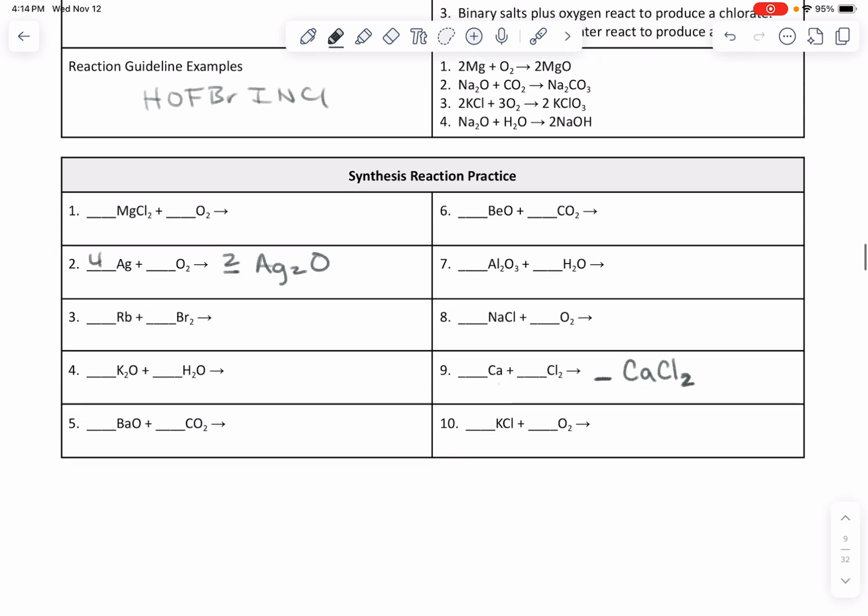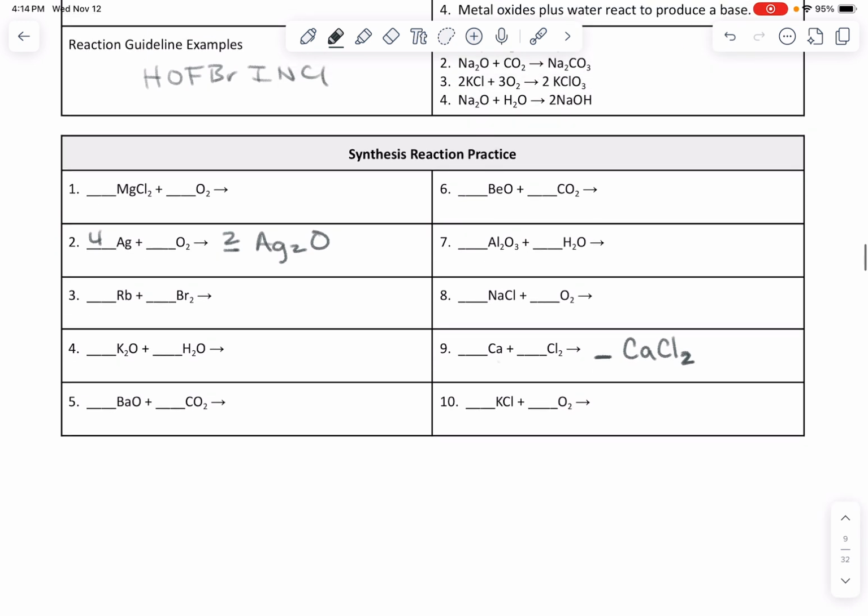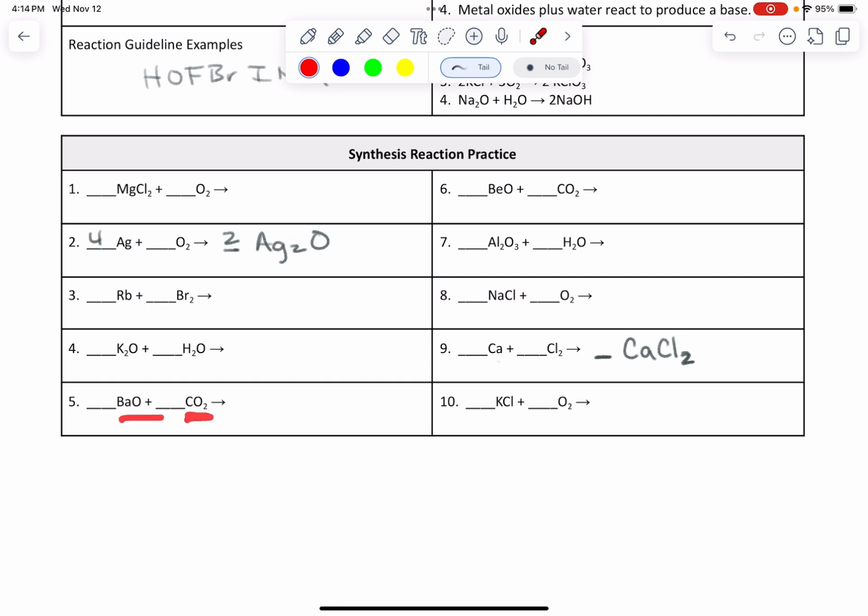Number 5. All right, so we know that this rule says we have a metal oxide. We have barium oxide. That is a metal and an oxygen, so a metal oxide. And carbon dioxide is going to react to form a carbonate, but carbonate is just the anion. So we know that barium is going to be the cation to our anion, which is carbonate.